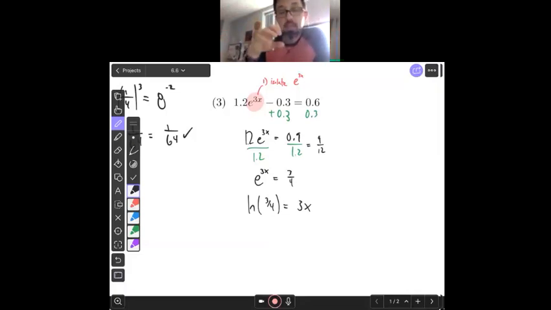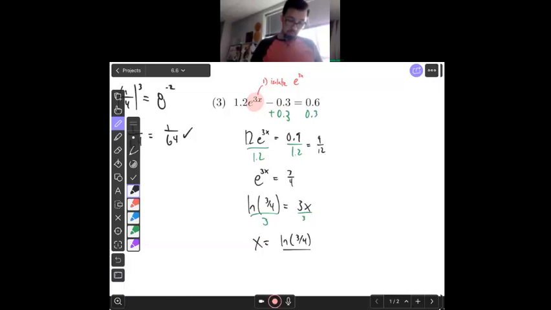And the natural log of 3/4 is some number, just like if it said the square root of 3/4. It's just a number I don't want to deal with because it's going to be a really gross number, so we don't want to put that in our calculator right now. It's a bad idea. What we want to do instead is just keep solving for x. So I'm going to divide by 3. So x equals the natural log of 3/4 divided by 3.